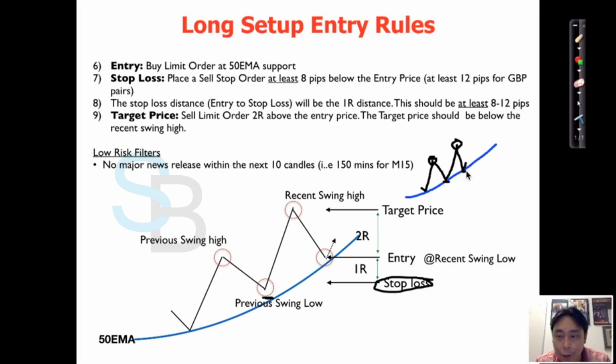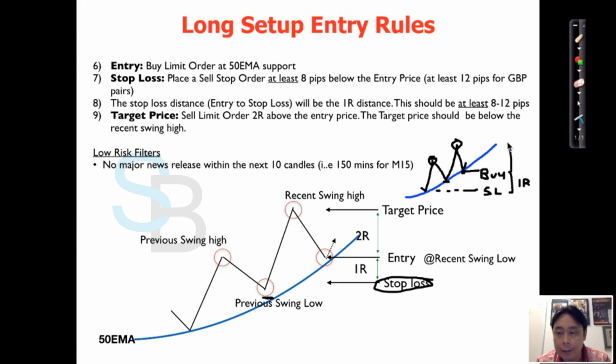Now, I'm gonna buy right here, right? That's my buy point, right at that 50 moving average. Can you see that? Okay. So if I can place my stop loss here, which is below the previous swing low, that would be ideal. Okay. But if I do that, I have to ensure that this 1R, whatever it may be, it could be 8 pips, 10 pips, 15 pips.